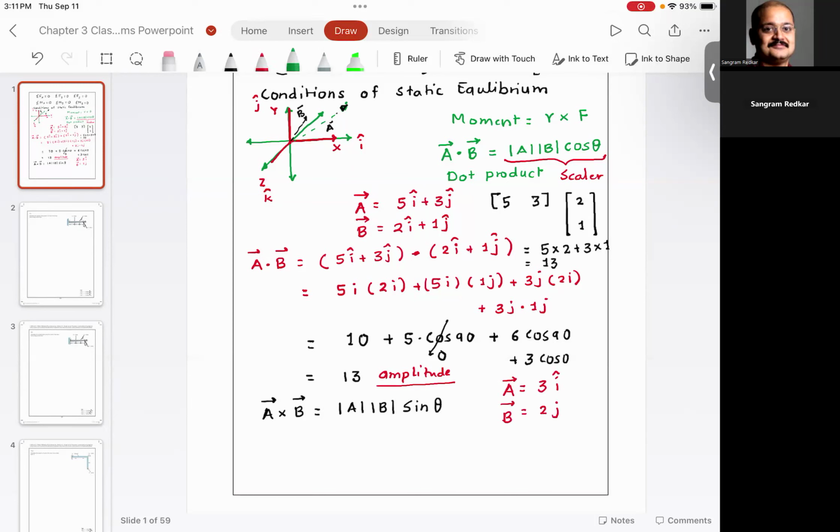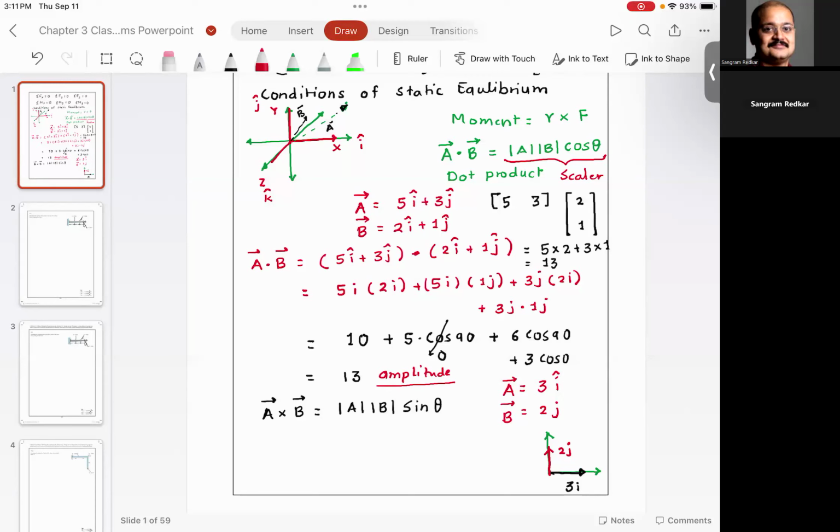I'll work out the complicated problem, but for the sake of initial simplicity, what you have is one vector, which is 3i, and another vector, which is 2j. 3i is my vector A, 2j is my vector B.